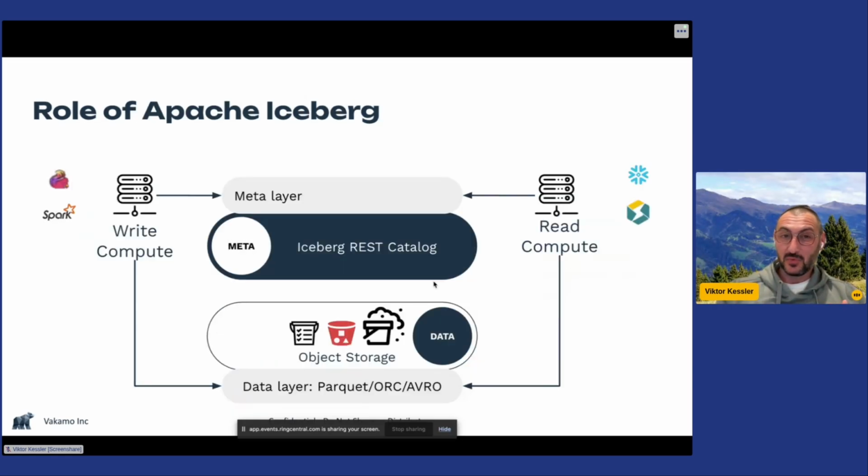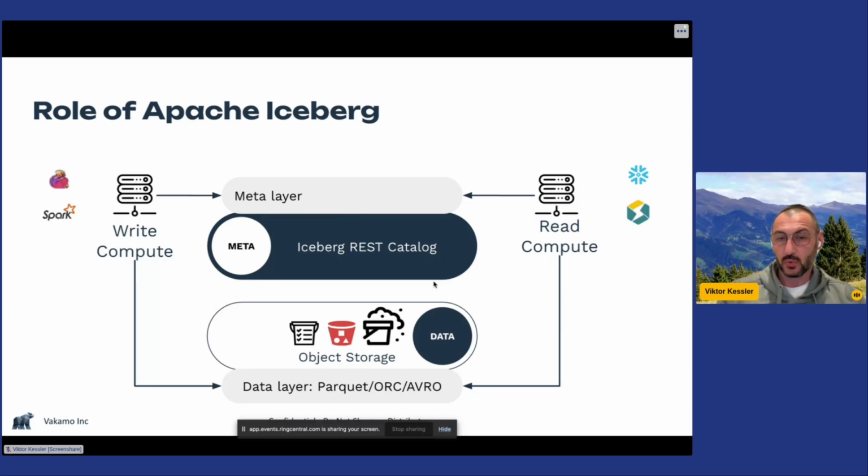Let me explain the role of Iceberg, what the improvement is here, and how we can use Iceberg not only for reading and writing, but for governance: governance on access, on compute, and on context. First of all, you have a write compute and a read compute, and they go to Iceberg, which is divided into two main layers, a meta layer and a data layer. The data layer is quite simple and well known.